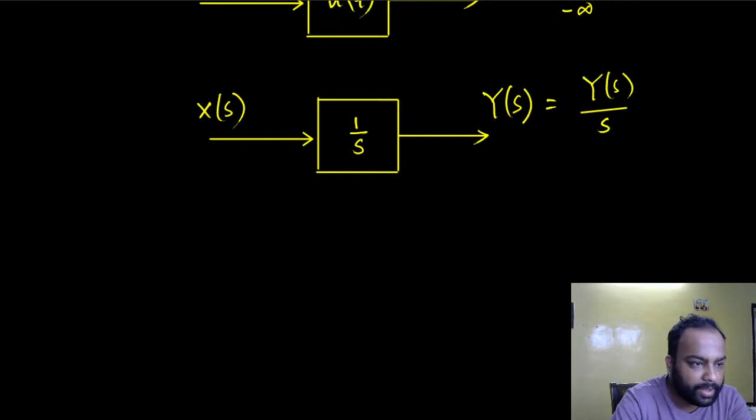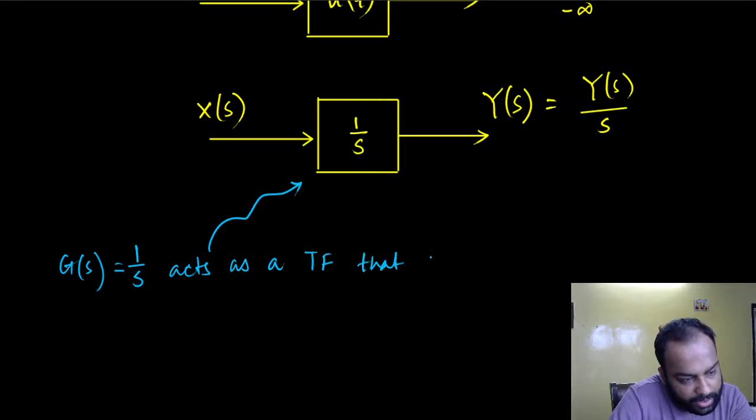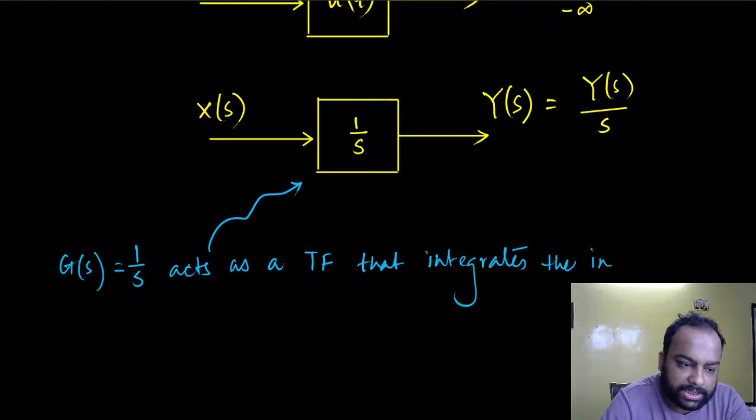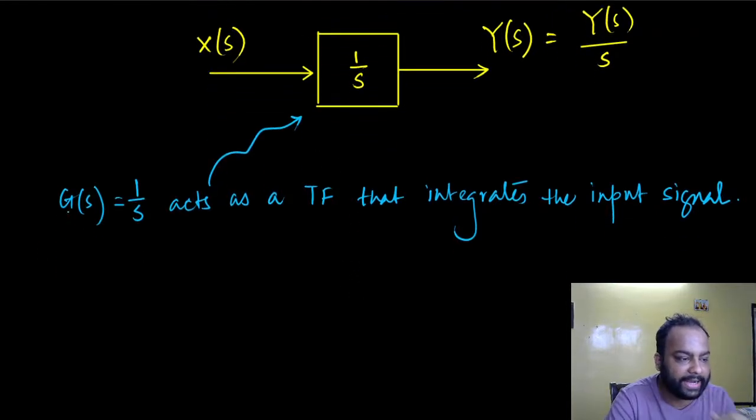So the point being that G(s) equal to 1 by s acts as a transfer function that integrates the input signal, and that is why it's called an integrator.